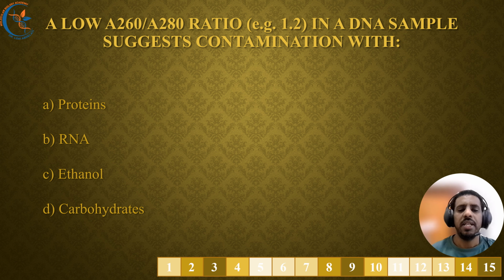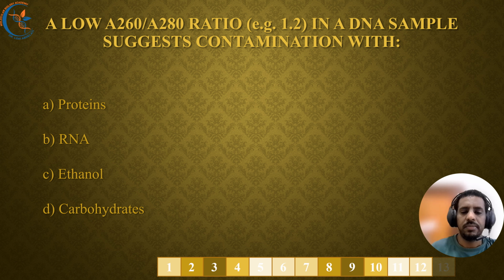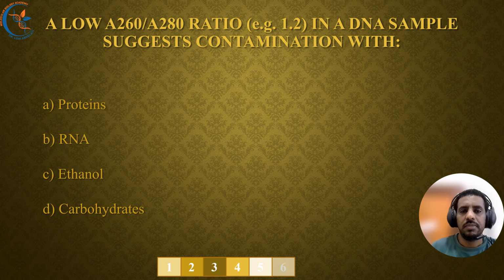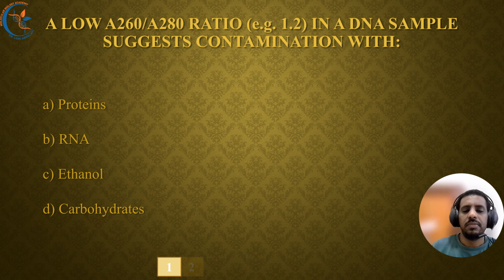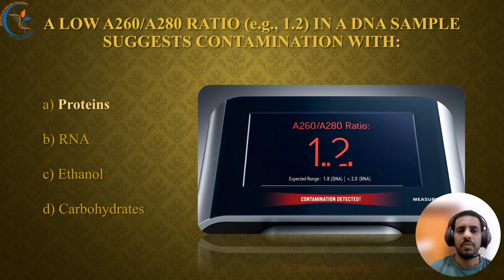The question here: a low absorbance 260 over 280 ratio, for example 1.2, in a DNA sample suggests contamination with what? All right.